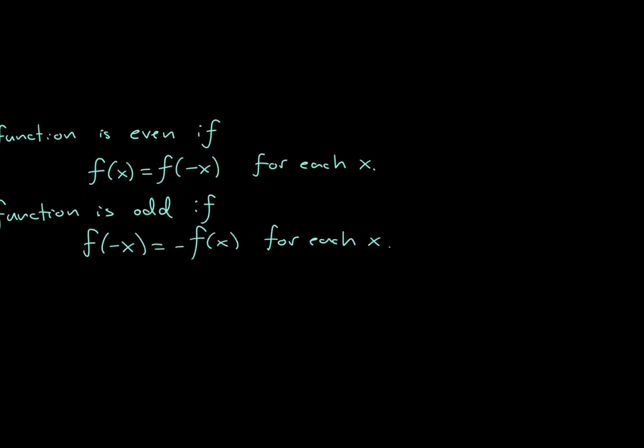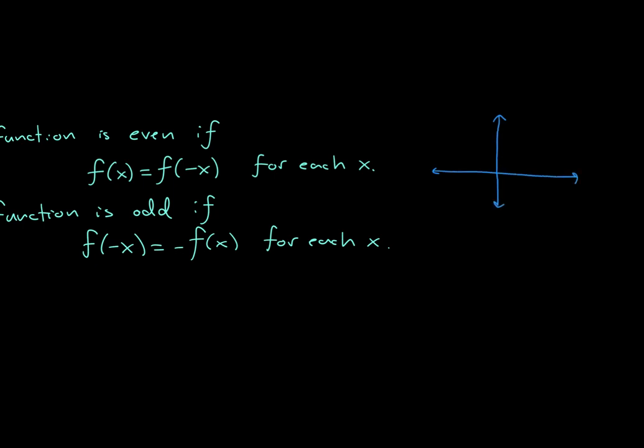Okay, graphically speaking, hopefully this is a review for everybody, even functions can be flipped over the y-axis and land back on themselves. So maybe something like this. If you flip this over the y-axis, it should land back on itself.